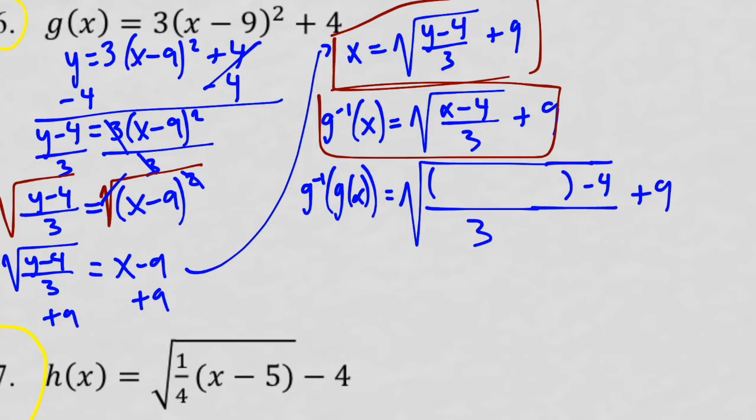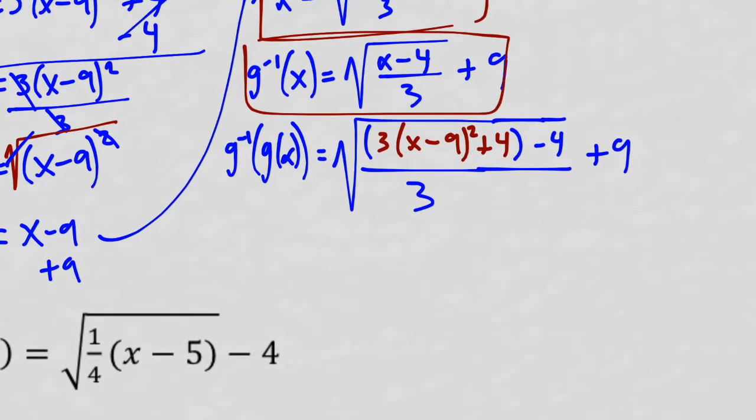Alright, so now let's plug it in. It's going to be a 3, parentheses, x minus 9 squared plus 4. Okay, there we go. Now let's simplify that. We're going to have the square root of, the first thing to cancel here is the 4 and the negative 4. This 4 is inside parentheses, but it's inside these parentheses that are really not necessary at this point.